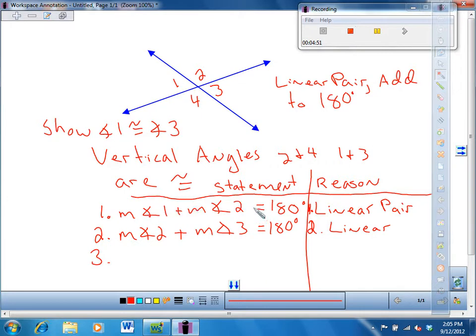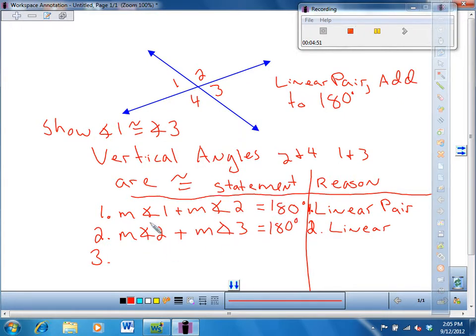Now in number 3, guess what I'm going to say? Since the measure of angle 1 plus the measure of angle 2 is 180, and the measure of angle 2 plus the measure of angle 3 is also 180, what has to be true about the measure of angle 1 plus 2 and the measure of angle 2 plus 3? You could say that they're equal to each other.